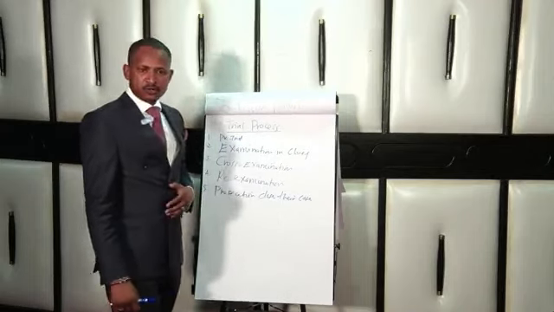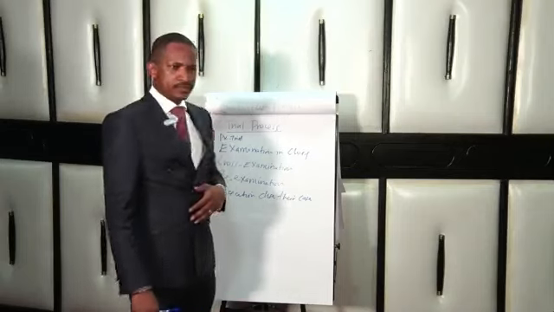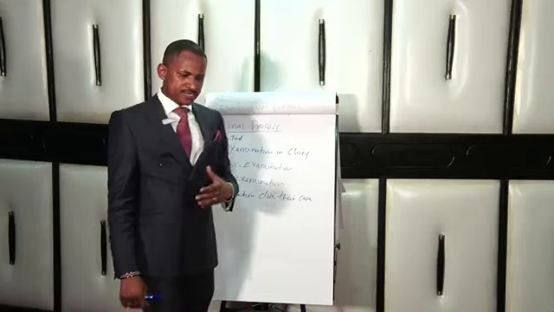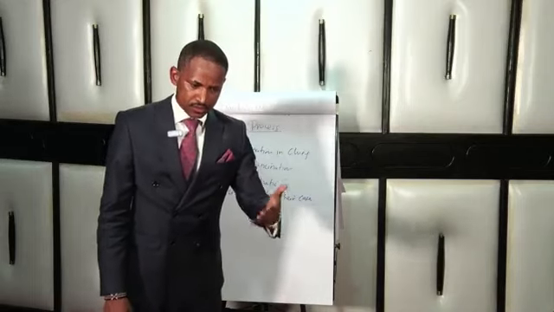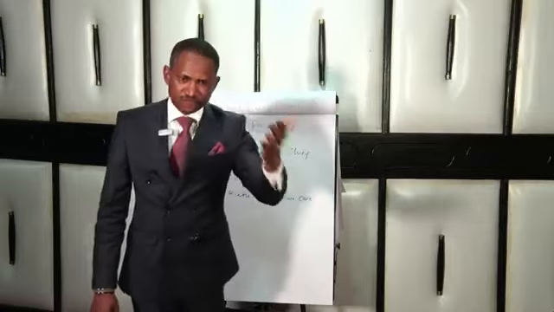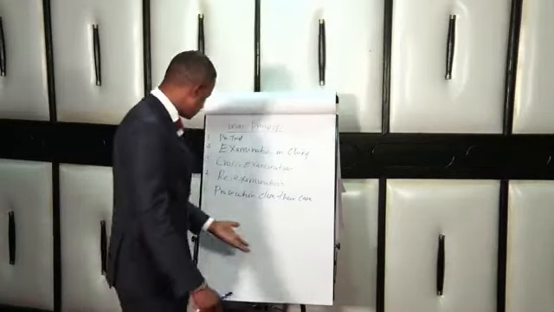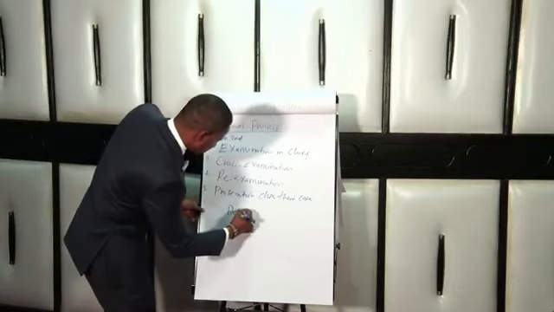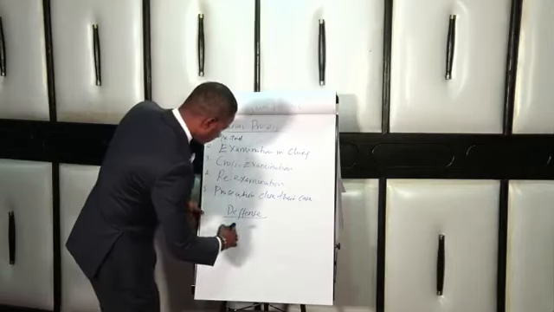At that particular moment, if the trial court says that you have a case to answer as an accused person, then the accused person will be put to defense to defend himself or herself. So after this, the next stage is the accused person is put to defense.